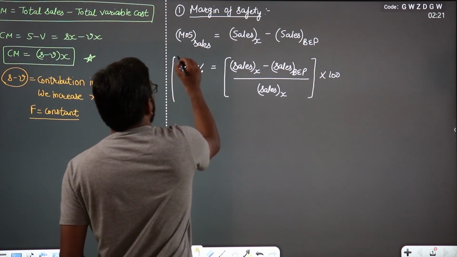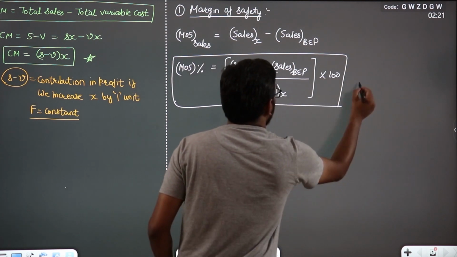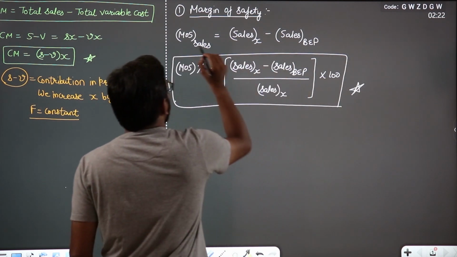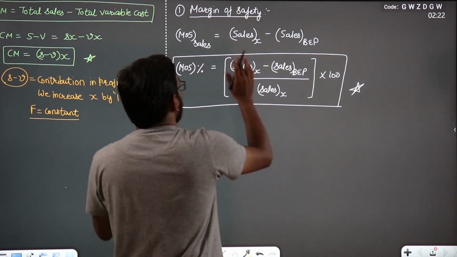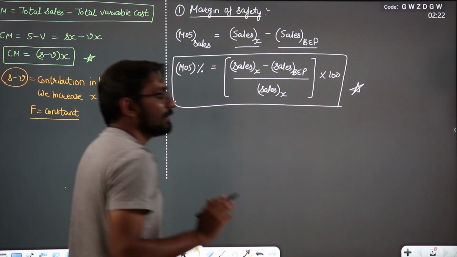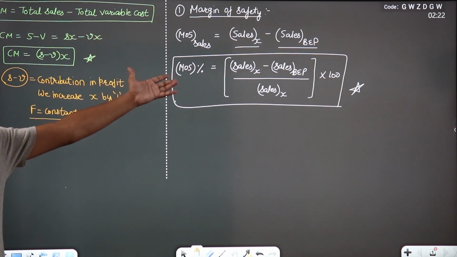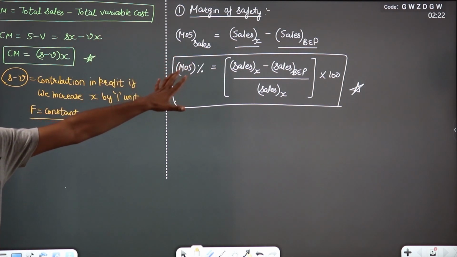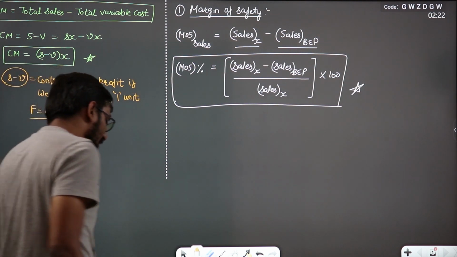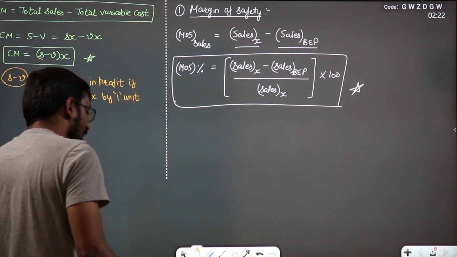You have to remember this formula, right? Just simple, remember what the margin of safety is: sales at any point X minus sales at break-even point. You can easily find the sales at any point X, and you already know the sales at break-even point. So from here you will get the margin of safety percentage.